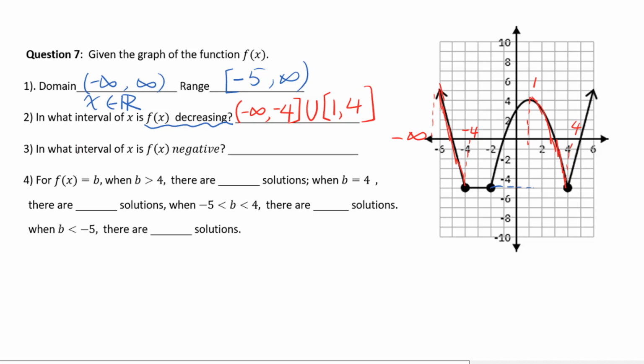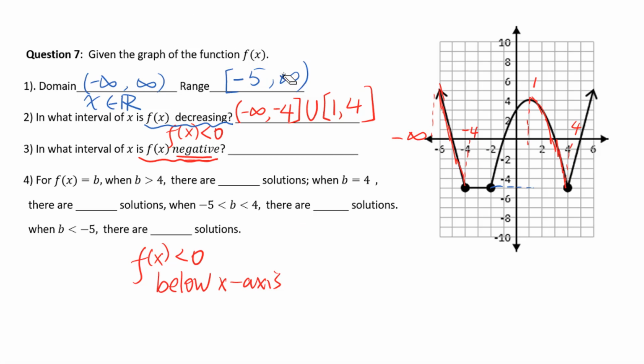For number 3, in what interval of x is f of x negative? Negative means f of x less than 0, not equal to 0, because 0 is not negative. F of x less than 0 means the part of the graph below the x-axis will be the solution.